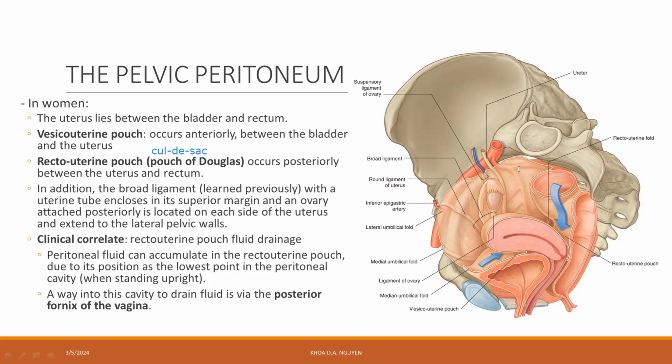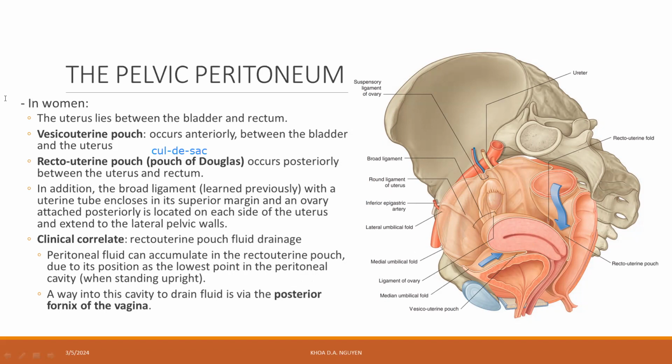Remember when we talked about the liver that we said something about the Morrison's pouch, okay, the Morrison's pouch being one of the fluid accumulating places within the peritoneal cavity. Well, now you have another place where fluid can accumulate, okay, the rectouterine pouch or the pouch of Douglas. All right, and it's in between the rectum posteriorly and the uterus anteriorly. All right, very, very important.